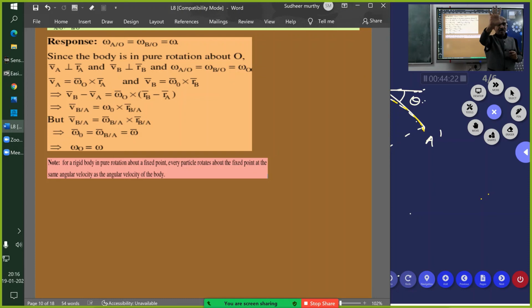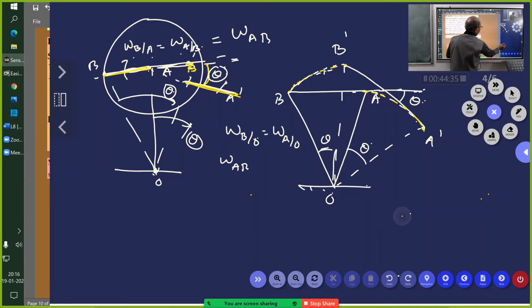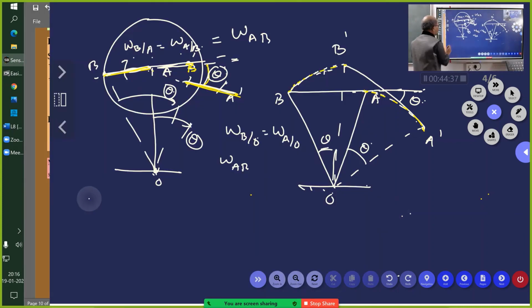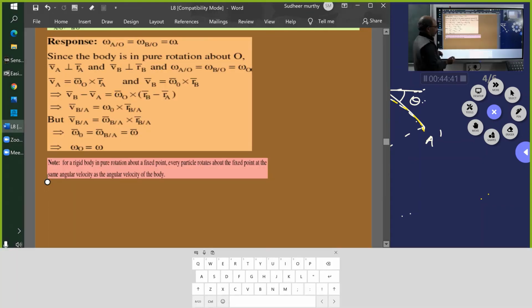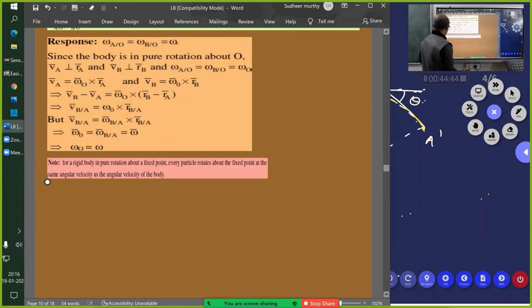See my hand, pure rotation with respect to this. Got it? Fine. So now you see, we will slowly and steadily go into the complications, more and more complications of this.